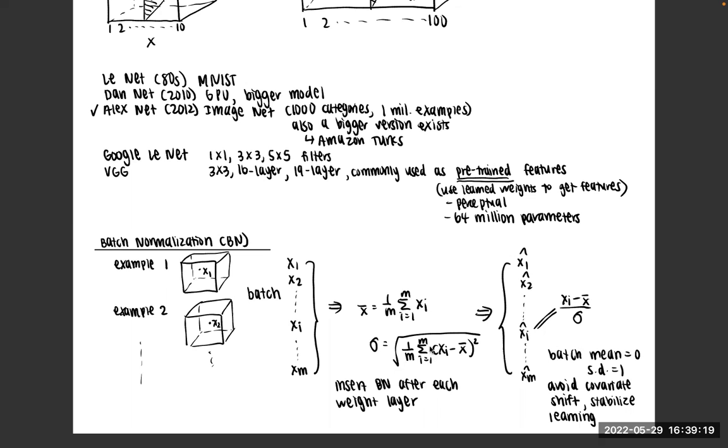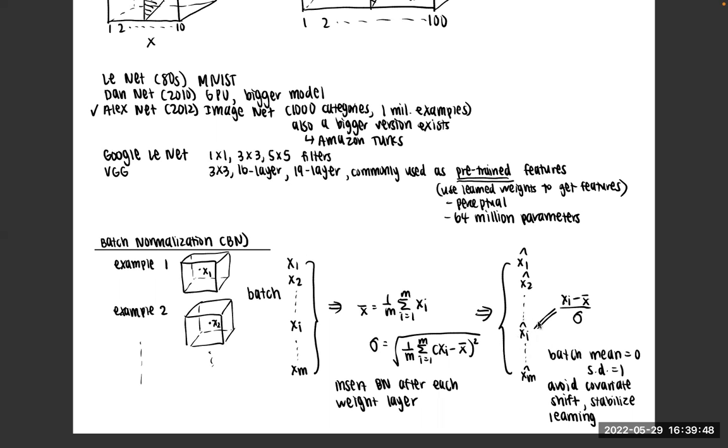That is, we sum over each xi minus x bar, the mean, square them and divide by m, and then take the square root. So this is the standard deviation. Then we have x1 hat, x2 hat, and so on, which are computed by, for each xi, subtracting the batch mean and dividing by the batch standard deviation.